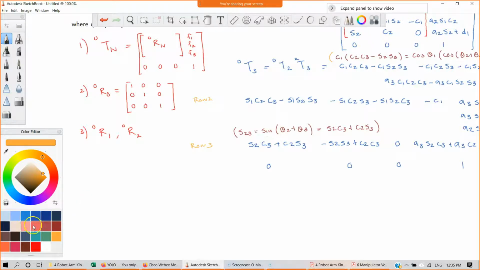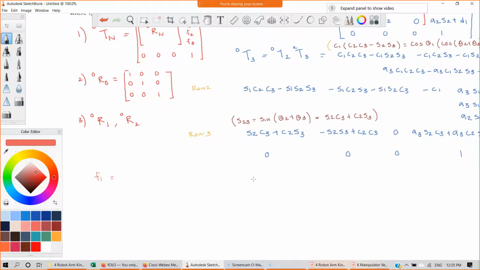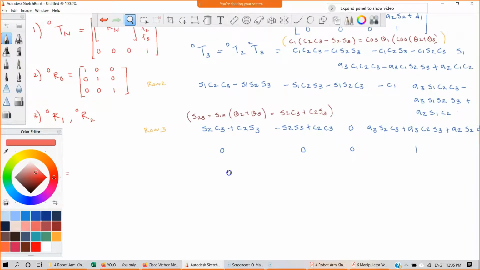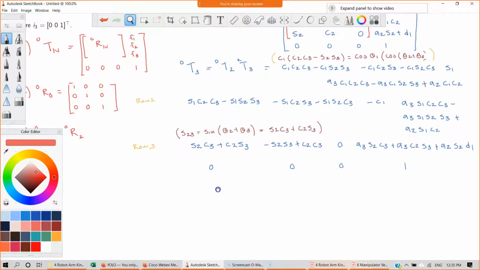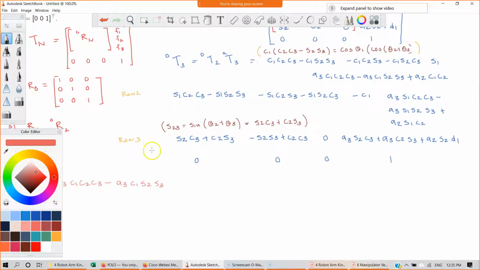Let's collect F1. What is F1? Okay, F1 is from our calculation. This one, right? So we have A3, C1, C2, C3 minus A3, C1, S2, S3 plus A2, C1, C2.